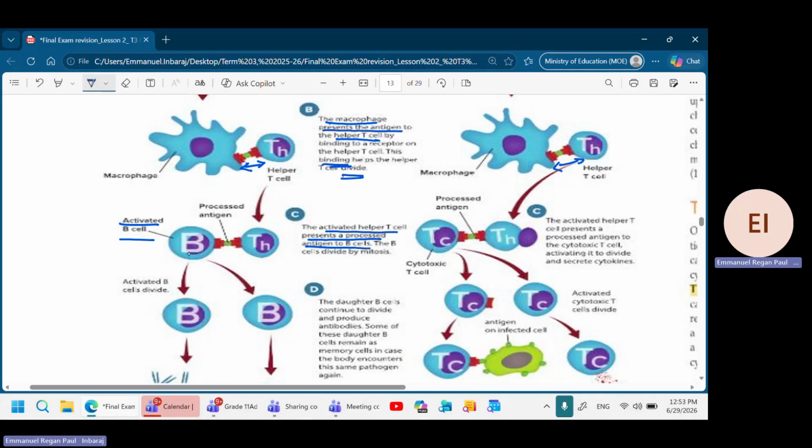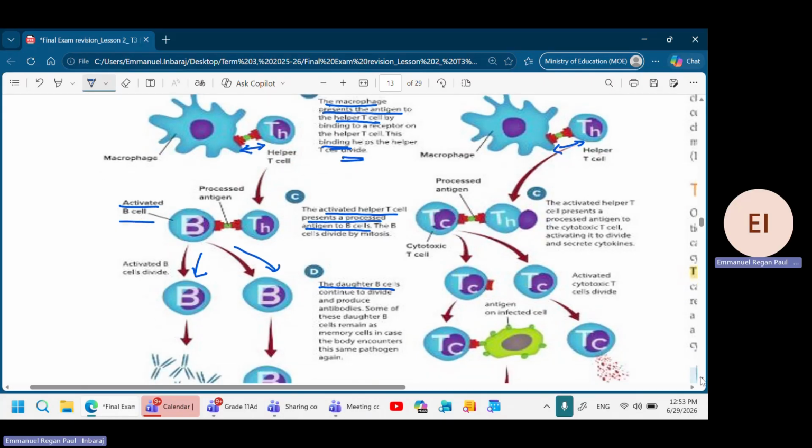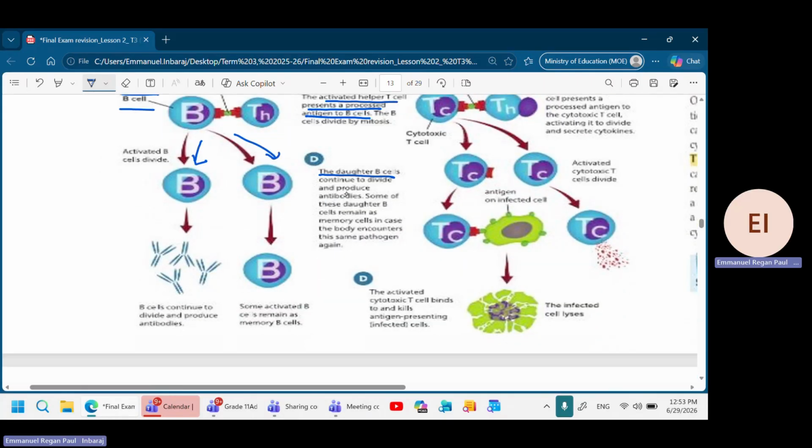What will the B cells do? The B cells will now start multiplying. They divide. Okay? And then the daughter B cells, that means the divided cells, will produce antibody. You can see here, this is antibody. Antibodies are Y-shaped structures.